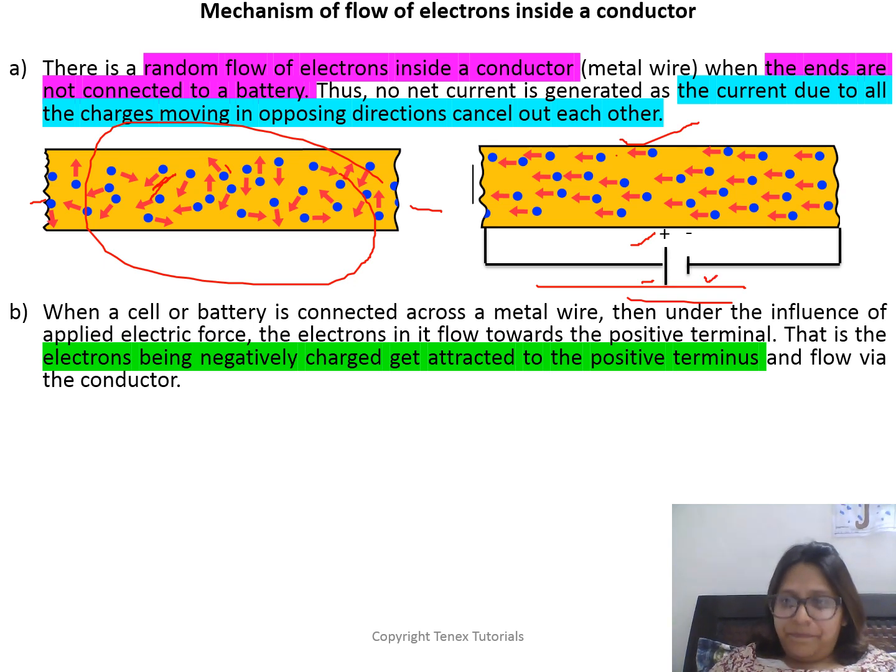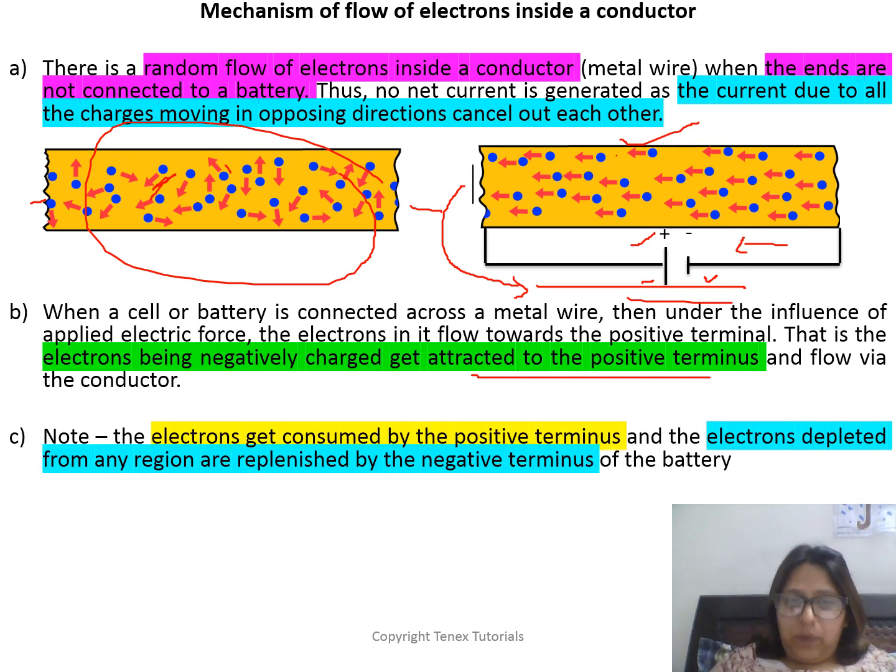The electrons within the conductor get attracted and start flowing towards the positive terminus. It is the positive terminus which pulls these electrons towards itself, and this is how electrical current is generated within the conductor. Okay, guys.